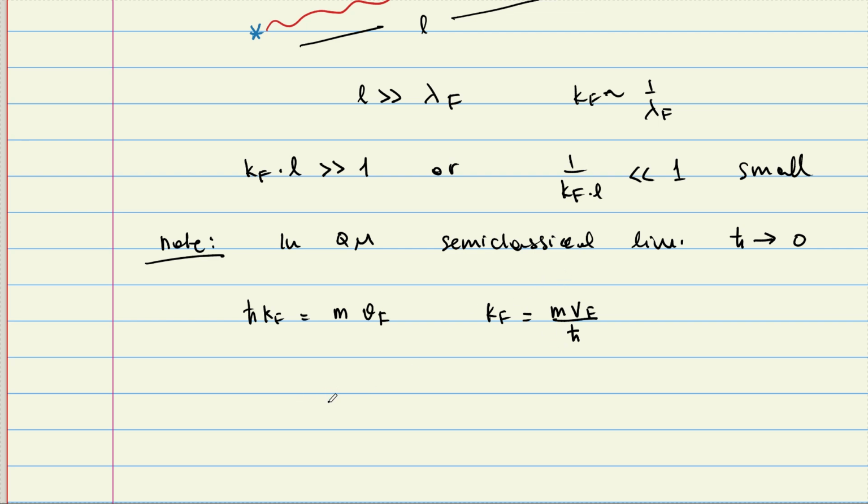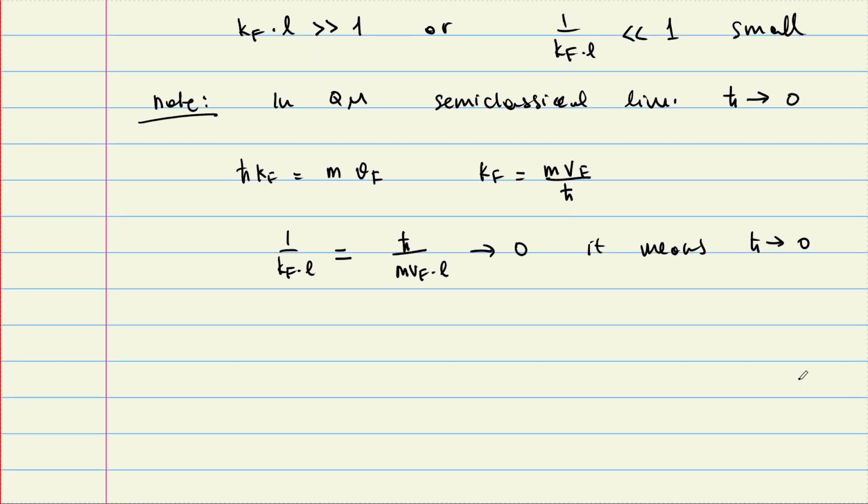And 1 over k Fermi times L is equal to h bar over m v Fermi times L. And when this thing goes to 0, it means h bar goes to 0. So the same thing, if you have ever seen it in field theory, can also be generalized to here.